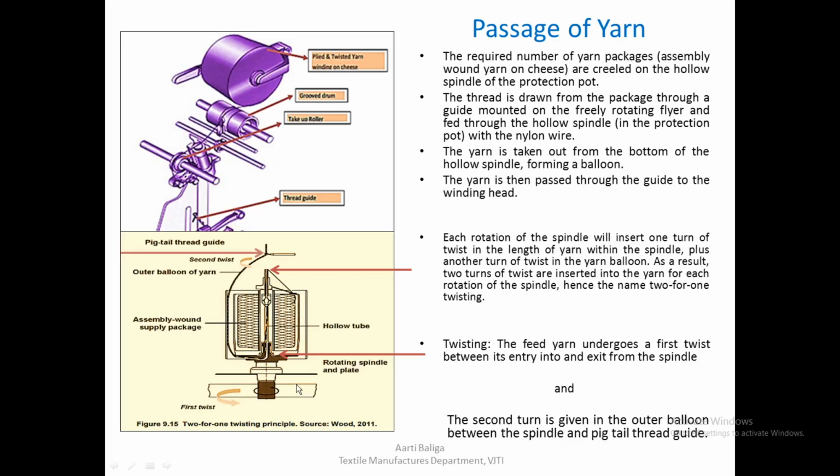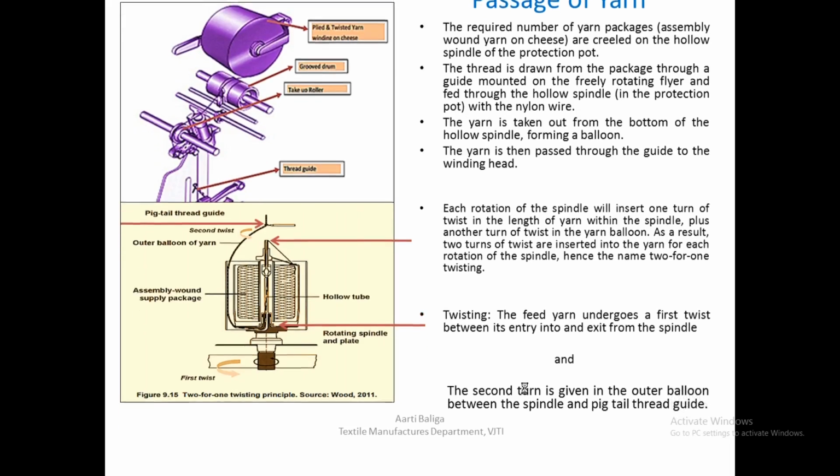So the second twist is inserted between this particular exit at the spindle and the pigtail thread guide. So the first twist is inserted in this area, and the second one is inserted in this region. So this is how two turns of twist are inserted in TFO.